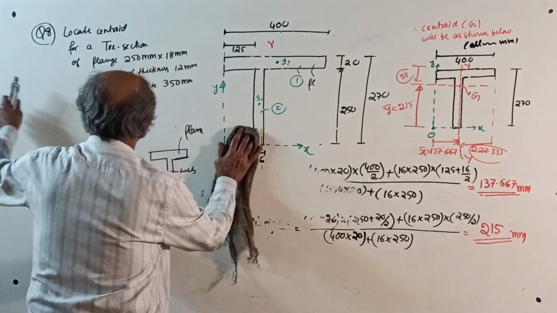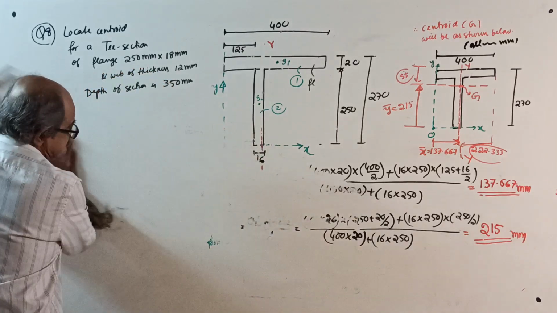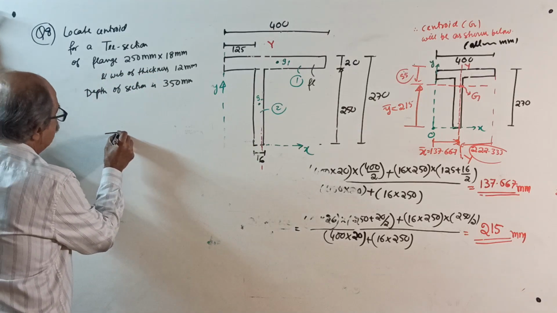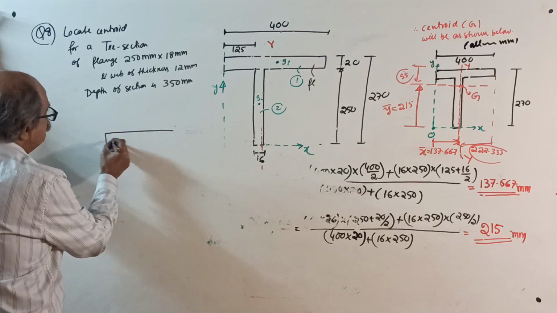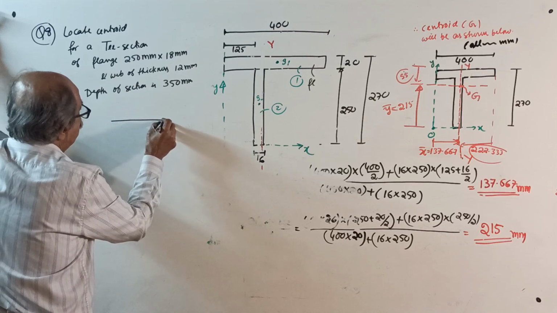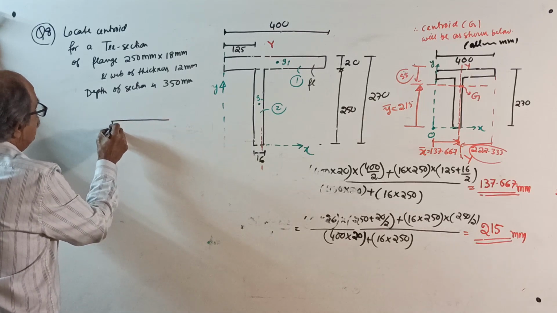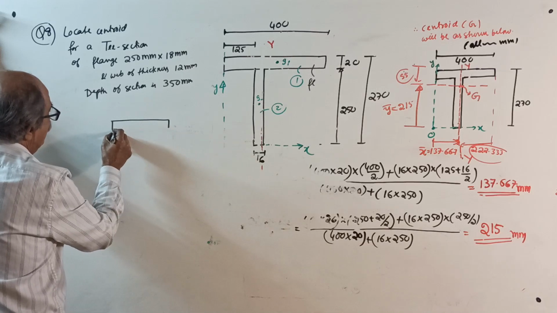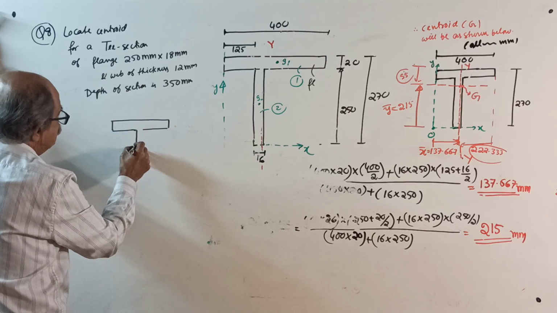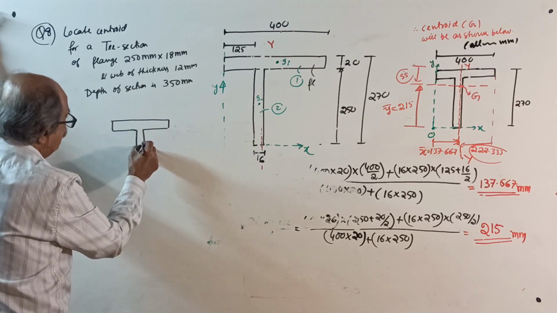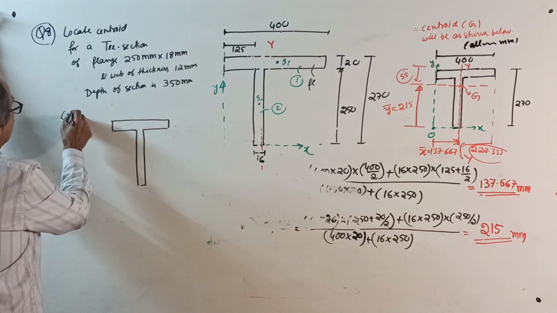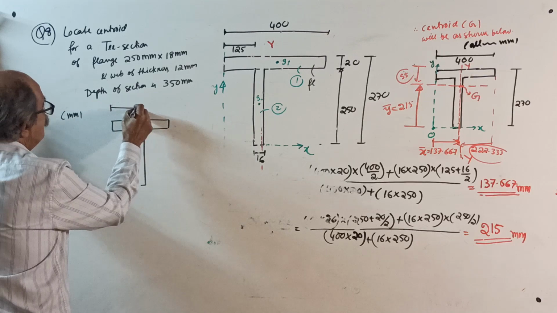Okay, now what I will do? I will prepare a sketch first. Sketch T section of flange 250. See, first you don't divide 250. Okay, 250 and then 18 out of scale. Web of thickness 12. Okay, this is the T section. All dimensions in millimeter. This is 250.